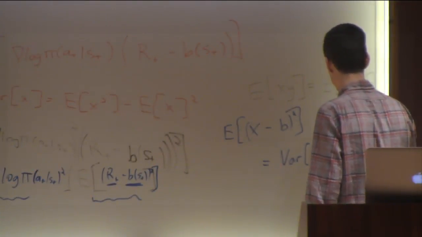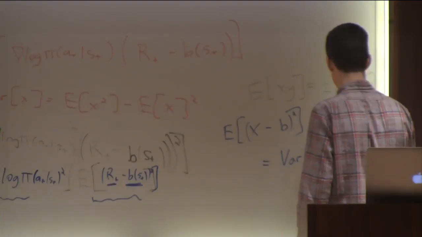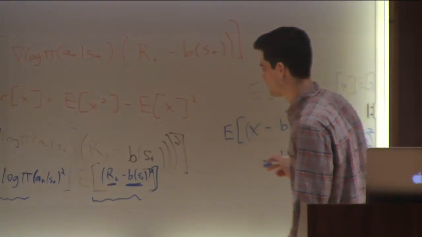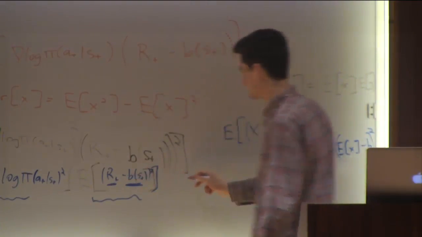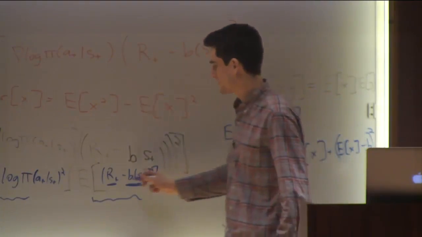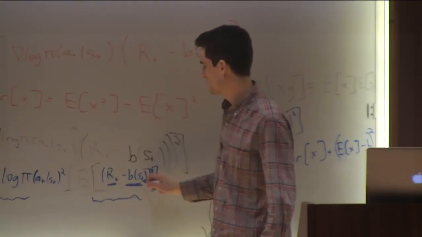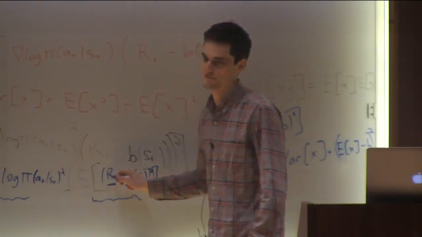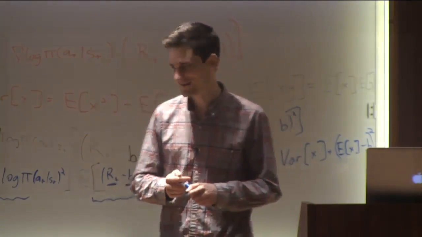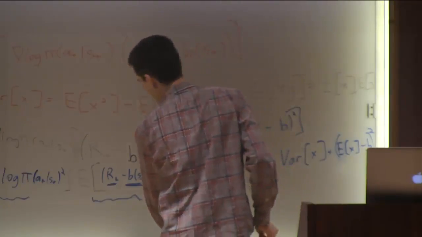Is this right? Okay, but the point is that we want to make this quantity as small as possible, so we set the baseline to be the expectation of this random variable here. Okay, so that's the sketchy derivation.